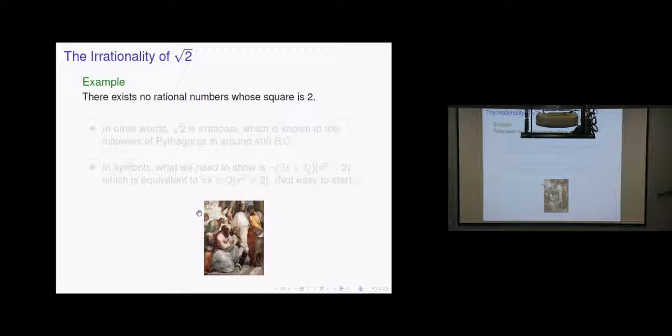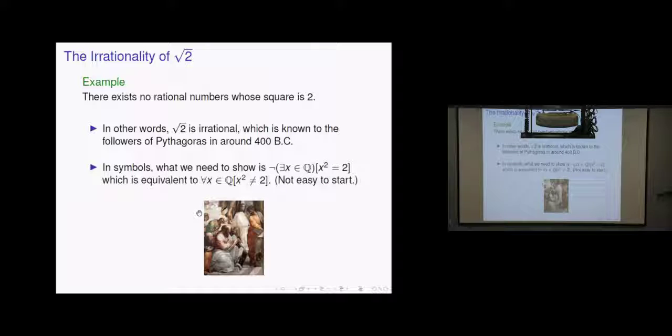An irrational number means it is not a rational number, not a ratio of two integers. In other words, the square root of 2 is irrational, and this is known by Pythagoras.